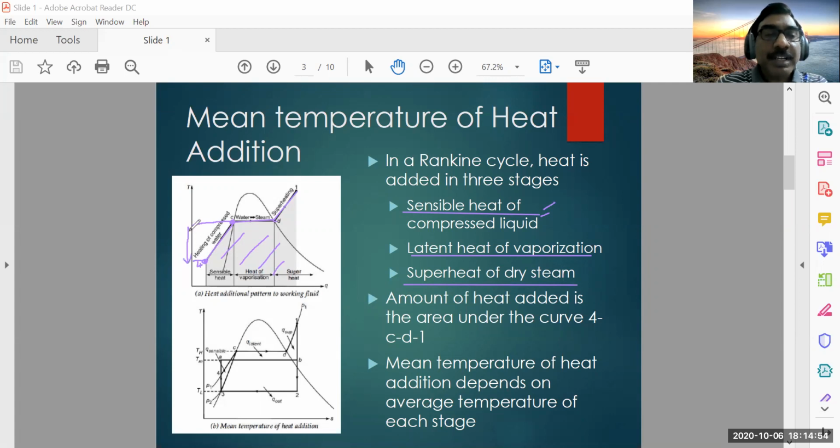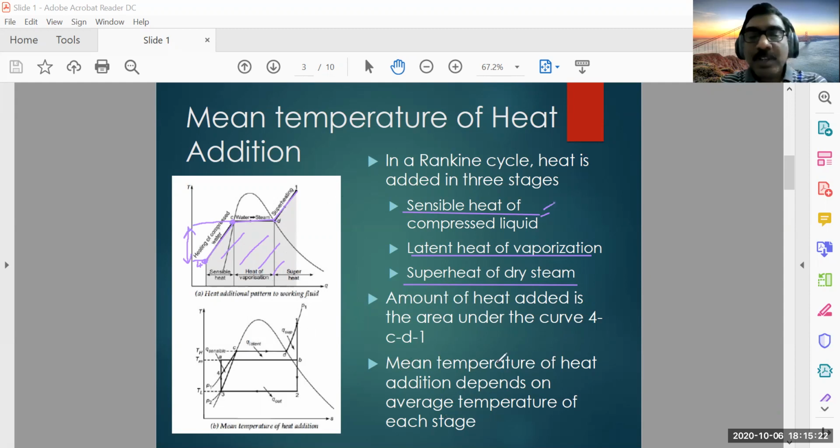So the heat is getting added over a temperature range, right? If you take the average of this one, and similarly the averages of the superheating, the sensible heating and the latent heat, then the mean temperature of heat addition will depend on those averages, right?